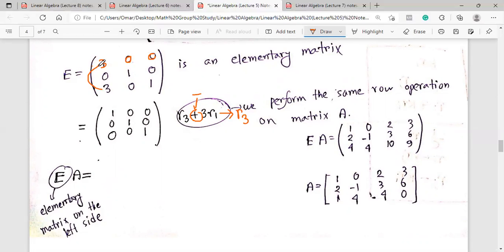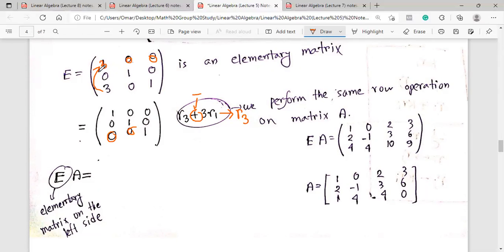Then I substitute the value in the third row. Sorry, I need to do it this way. I need to multiply 3 with the first row, and then subtract that first row from the third row.